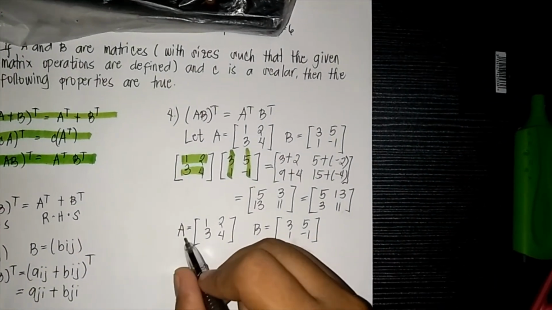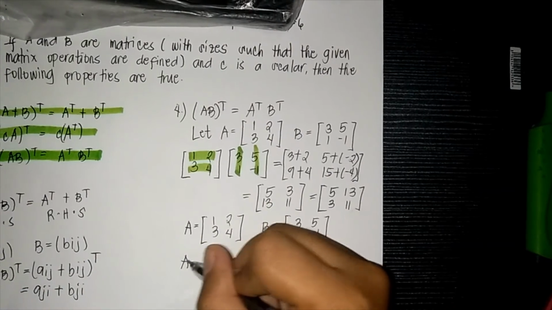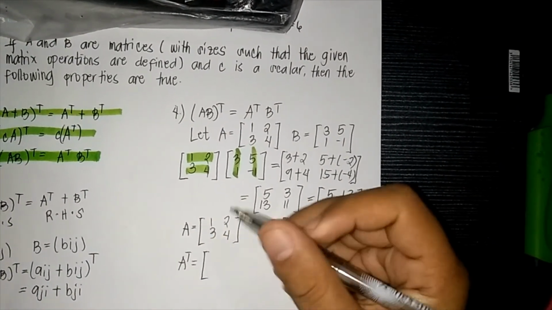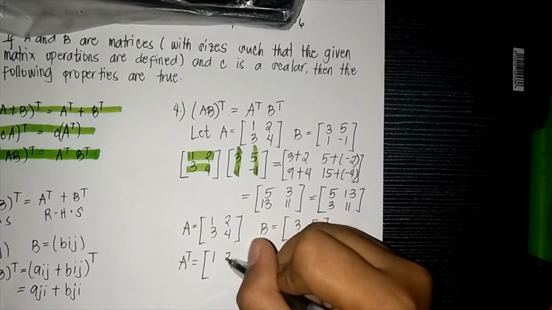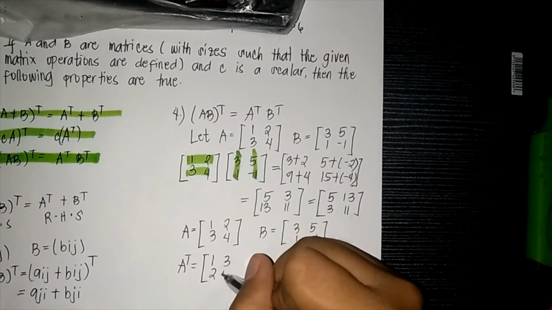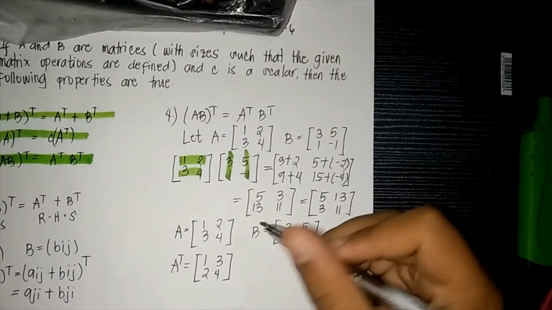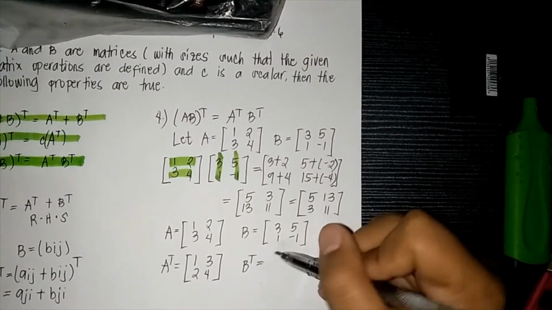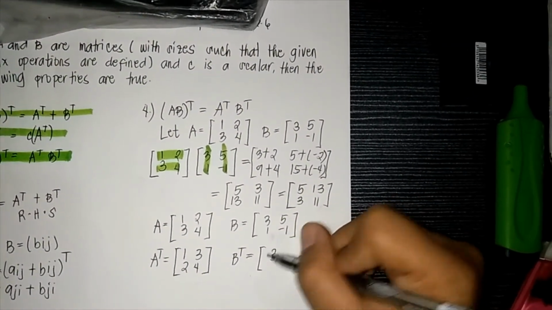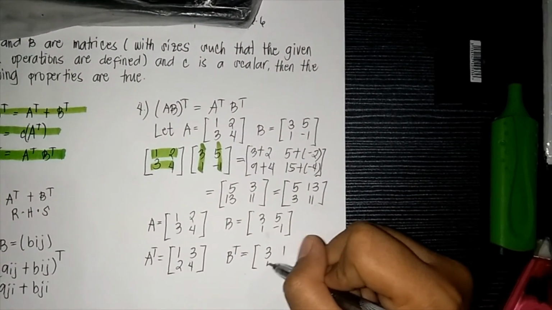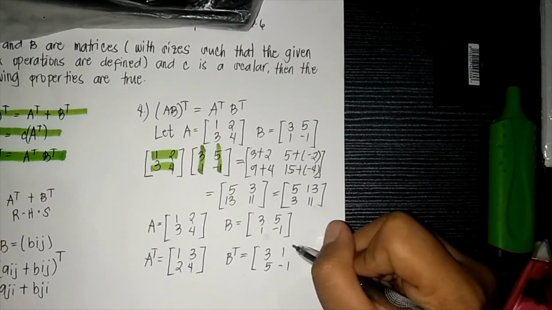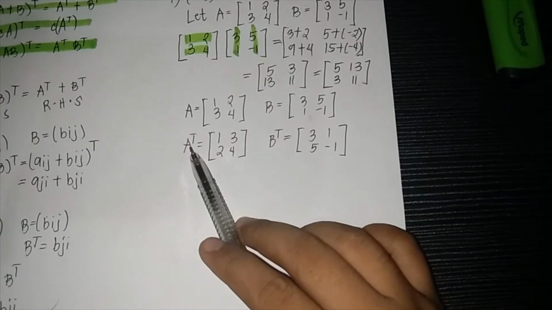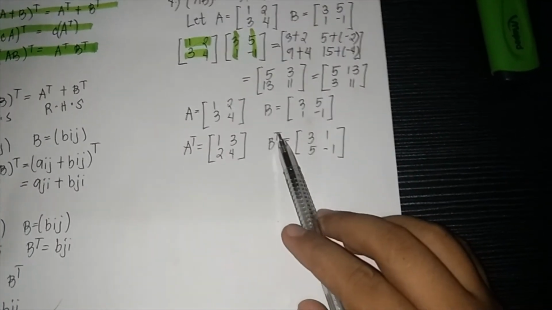So A transpose is equal to 1 and 3, 2 and 4. B transpose is equal to 3 and 1, 5 and negative 1. The next thing we need to do is to multiply A transpose and B transpose.